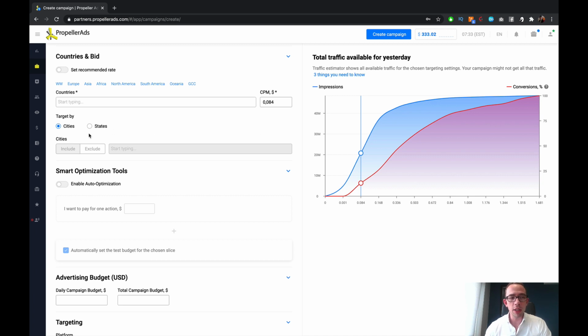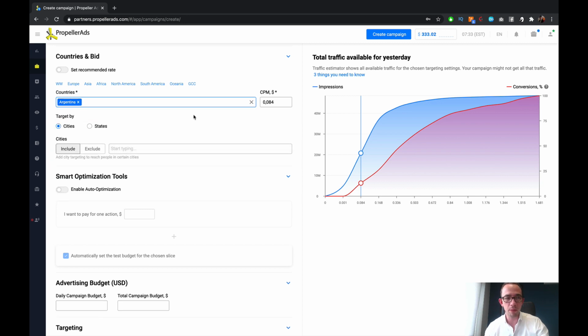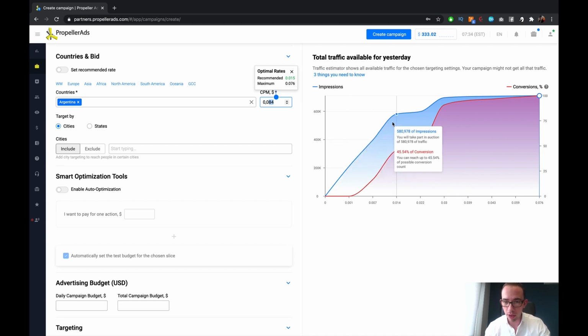All right, you can target by cities, the countries. Oh well, we didn't even enter a country yet, but let's run in Argentina. Maybe it becomes cheaper or more expensive. Let's wait and see. Right, it becomes quite a bit cheaper. So I would want to be for Argentina probably, because look at the impressions, not that much.